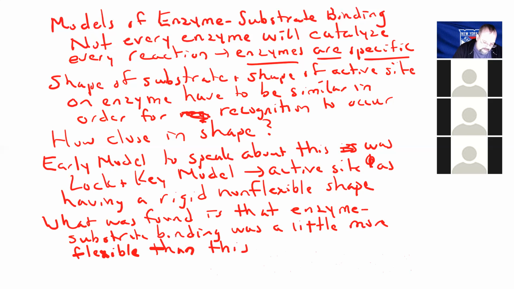They were seeing instances where the shape of the substrate molecules was not necessarily an exact match for that of the active site on the enzyme, but yet the enzyme was still working.